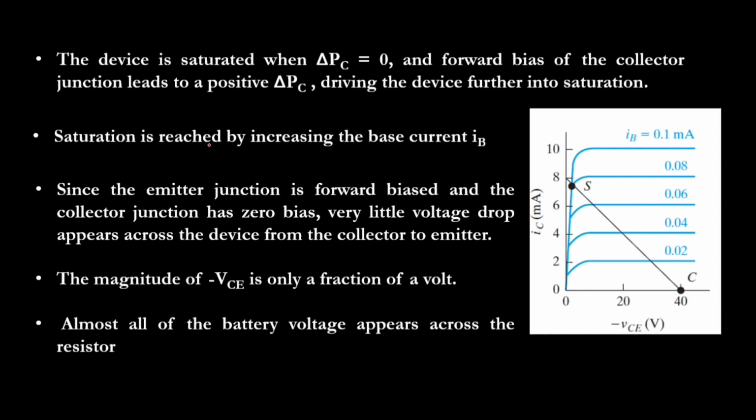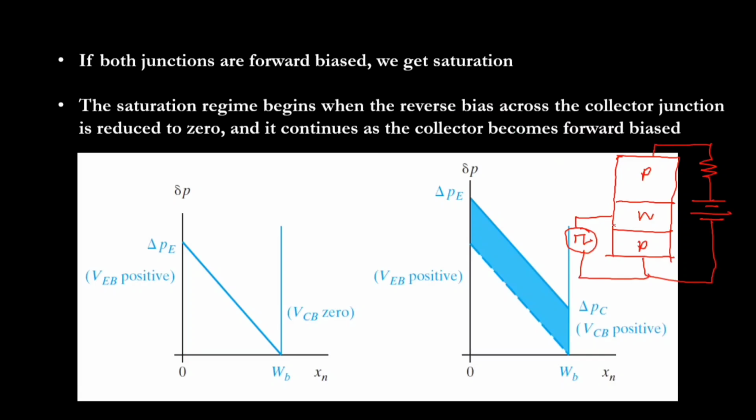So how do we make the collector junction saturated? By increasing the current IB. Since the emitter junction is forward biased and the collector junction has zero bias, a very little voltage drop appears across the device from the collector to emitter. Here we are applying a positive pulse to the base.